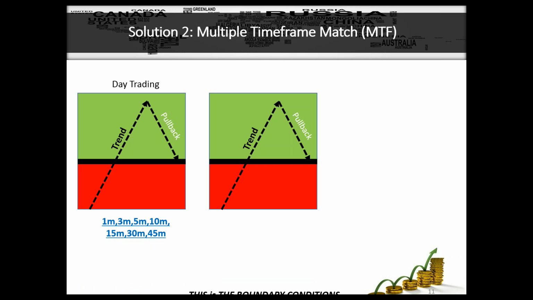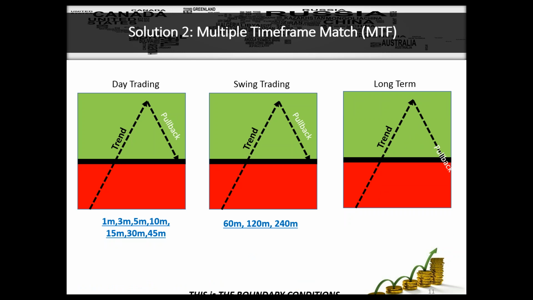The second solution is what we're going to work on, and in that solution what we're going to do is look at 3 different time frames: day trading, swing trading, and long term. What we want to do here is make sure in all 3 zones the supports are the same.